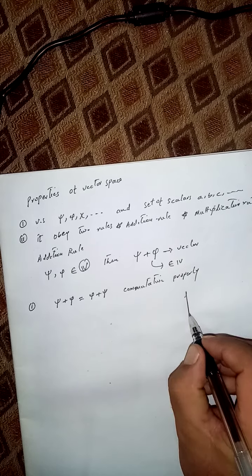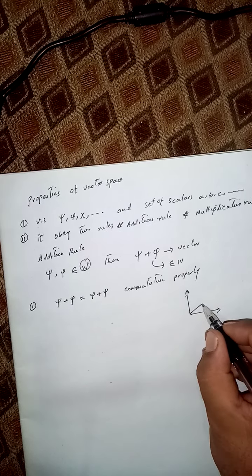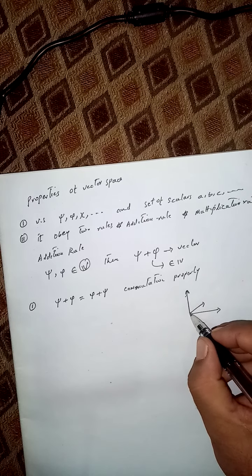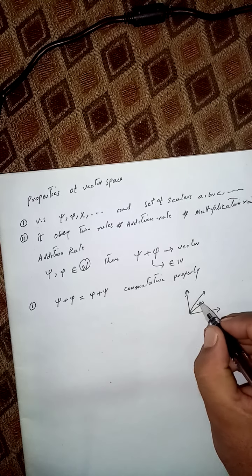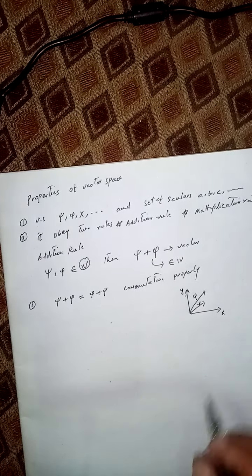For example, if I consider my Cartesian coordinate system, and we have two vectors psi and phi, this is the x axis, this is the y axis.